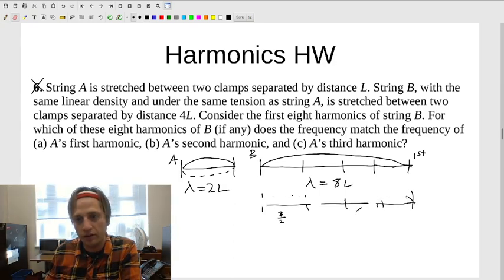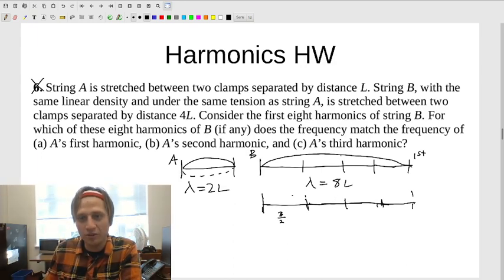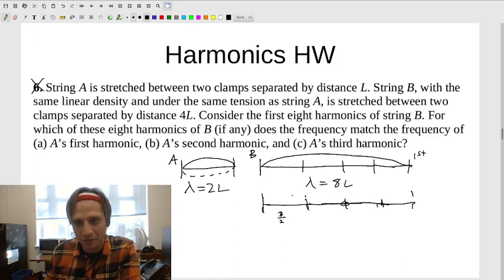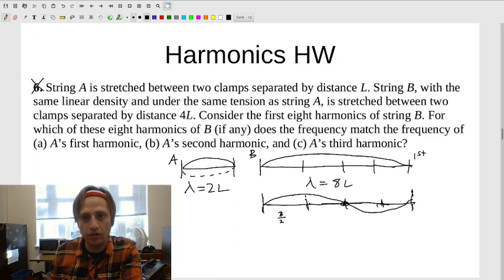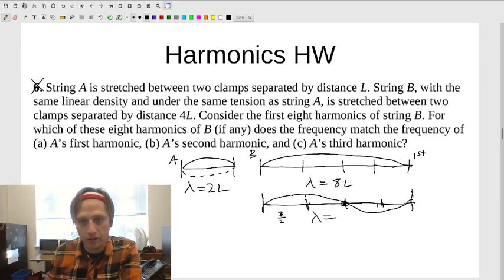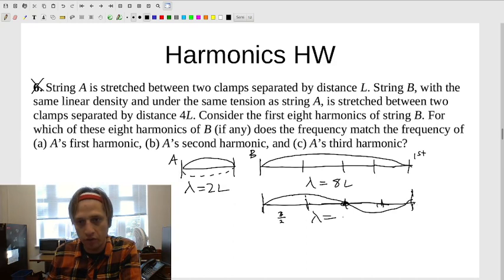I skipped a harmonic. I'm getting impatient. If we're going from the first harmonic to the second harmonic, we have to add 1 node. So that's 1 wavelength now. So the wavelength here is going to be 4L. That's our second.